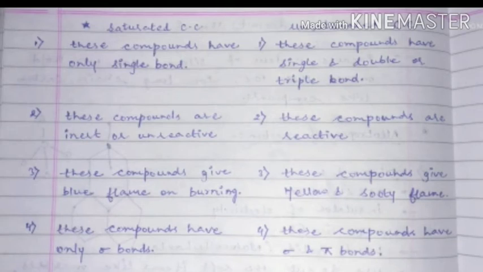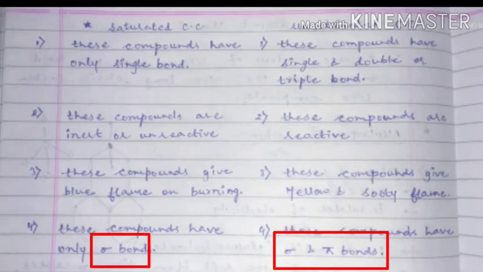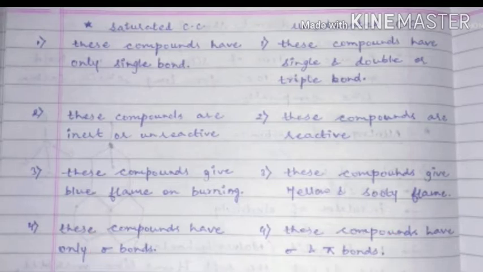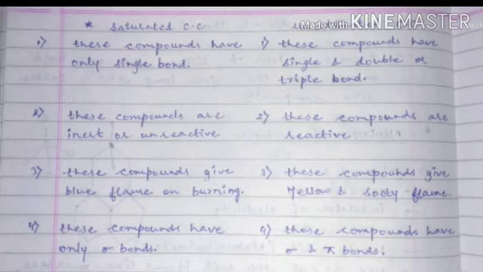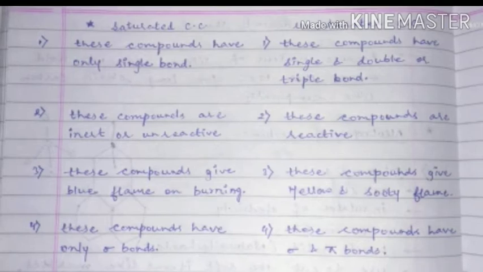You can see this yellow and sooty flame when we burn a candle. The last and final difference is that a saturated carbon compound has only sigma bonds, while an unsaturated carbon compound has sigma and pi bonds.